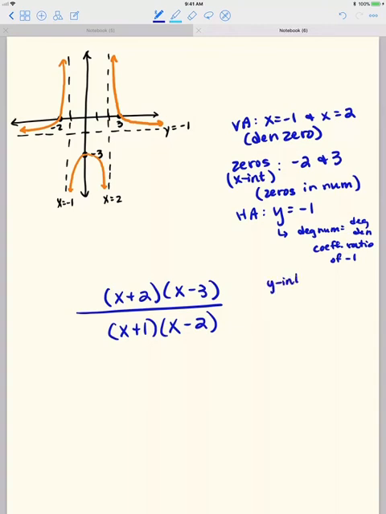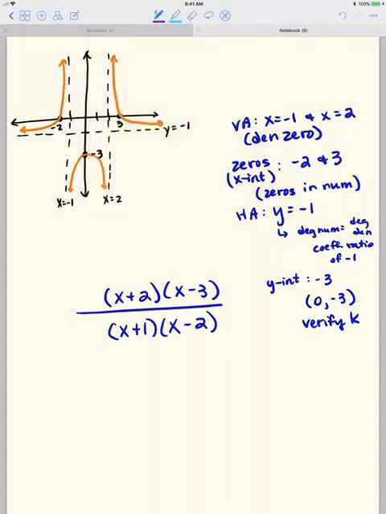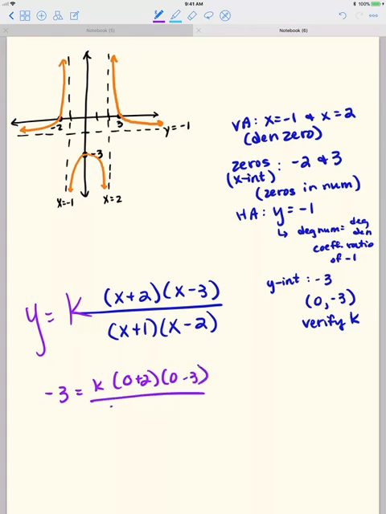You're also given the fact that the y-intercept is -3. So I should be able to use the point (0, -3) to verify what k might be for a constant out front. So again, you'll just make your y equals, with all the other information that we have, plug a -3 in for y, plug 0 in for all of the x's.